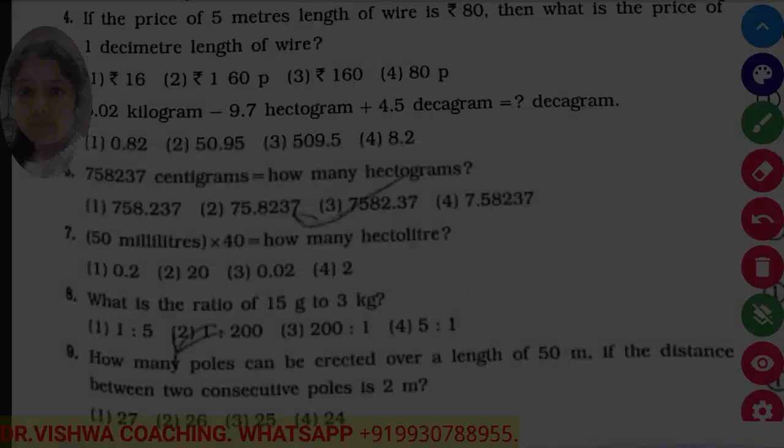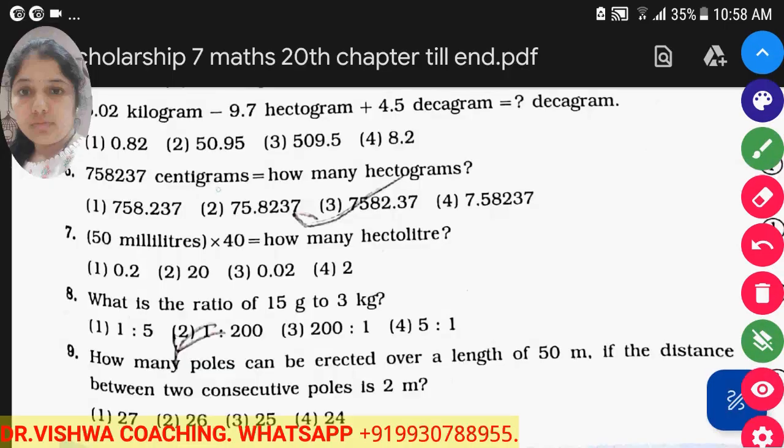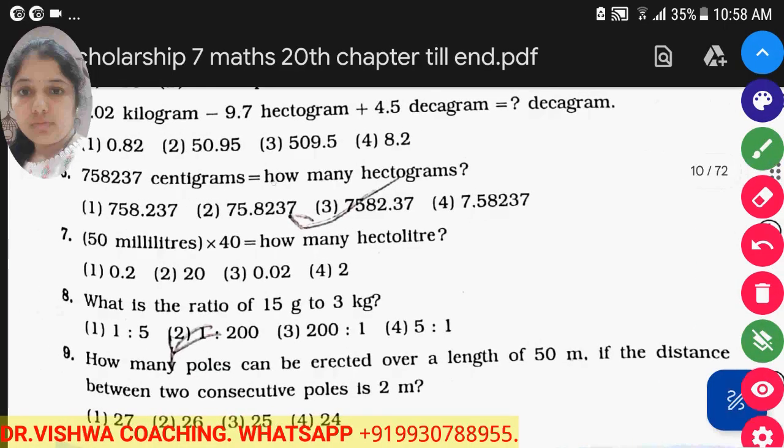Now see, centigram to hectogram we have to convert, and there are 4 units in between hectogram and centigram. So we have to shift our decimal 4 places from there.